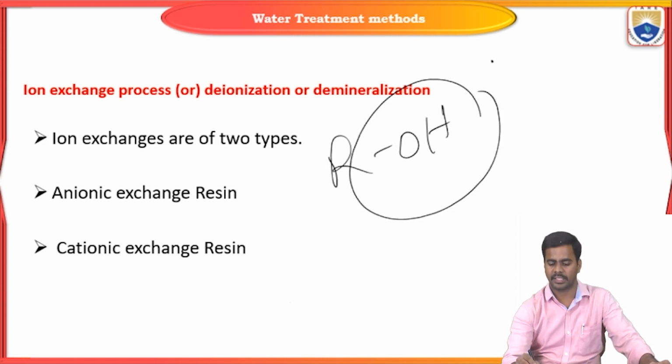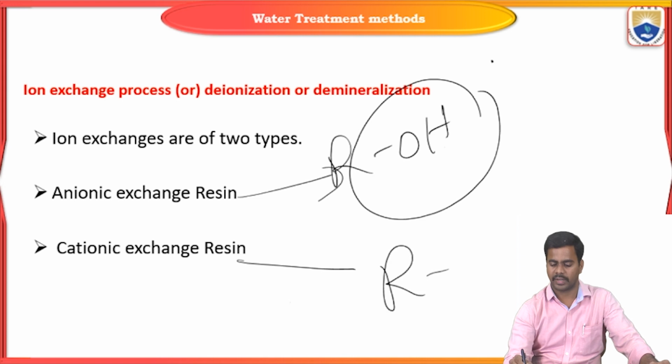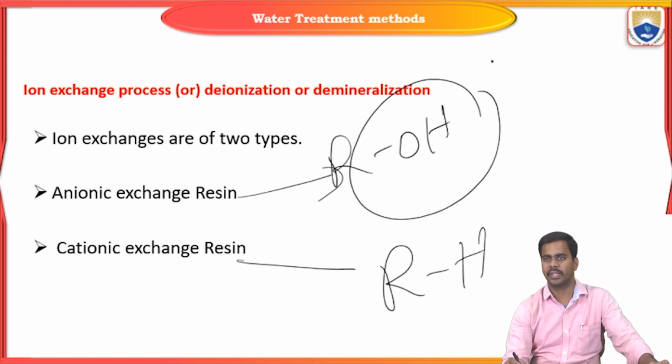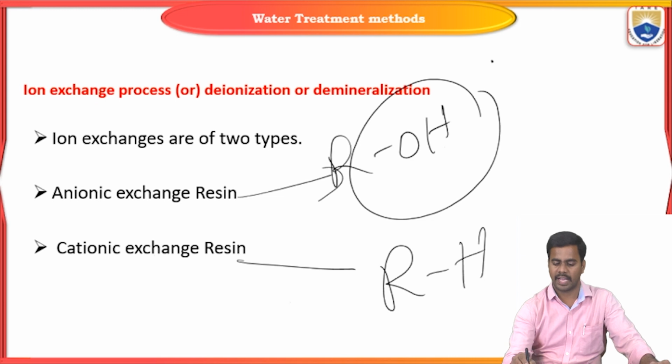R stands for resin, which contains the basic functional group OH. That is the anionic exchange resin. So a resin containing acid functional groups is known as a cationic exchange resin, and a resin containing basic functional groups is known as an anionic exchange resin.